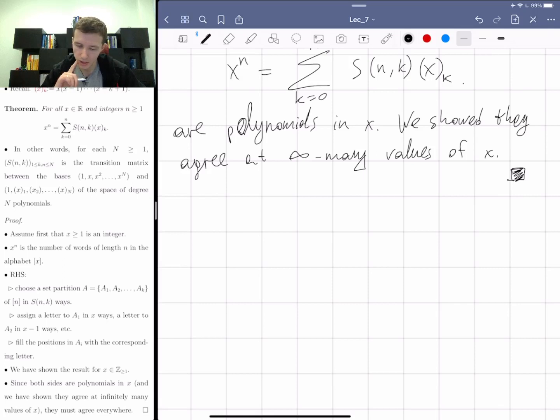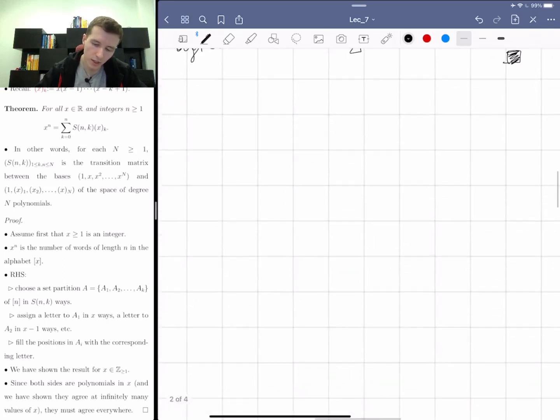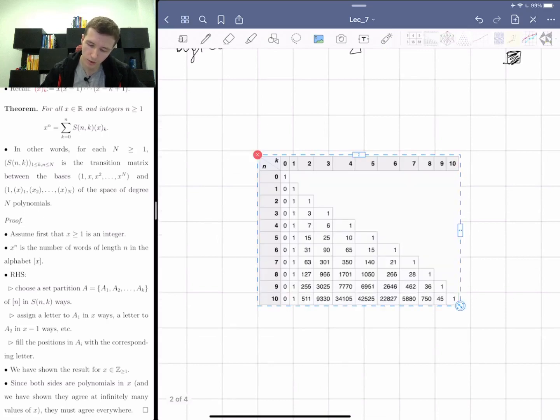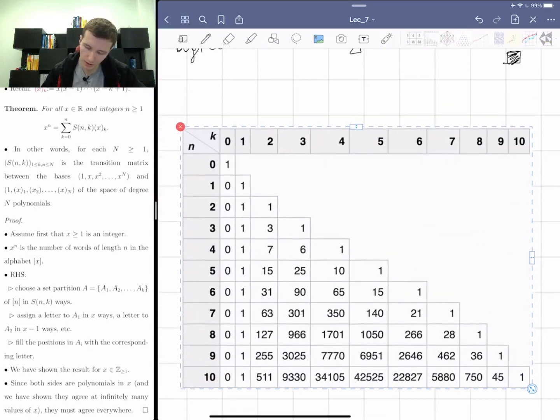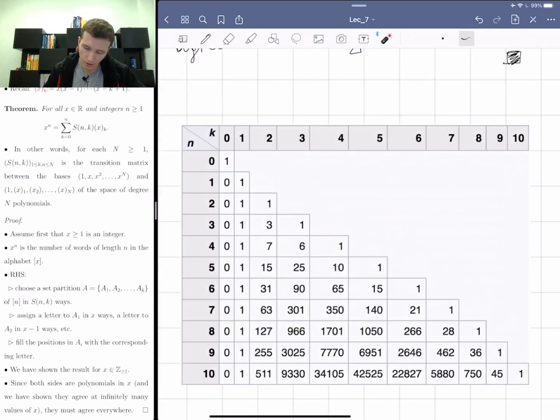So far we have the recurrence relation. The recurrence relation tells me, let's say you want to compute the number with n equals 9 and k equals 4.